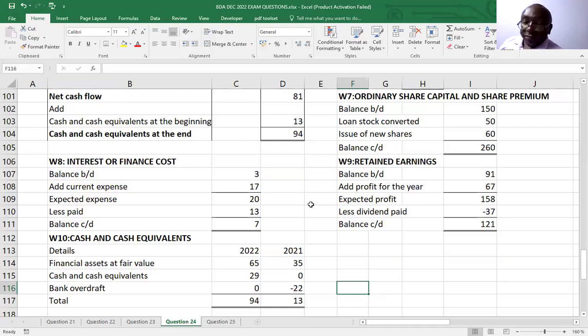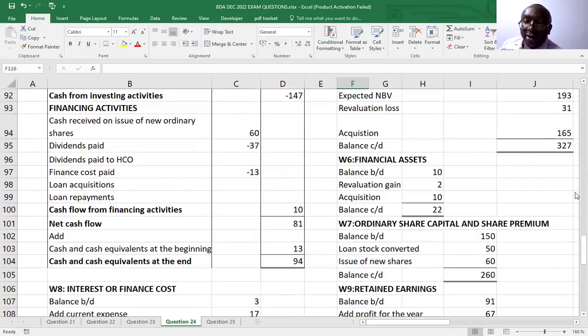Good. Any question? So if we are satisfied, make sure you revise how to do cash flow, so that in case wakulete, you'll be able to find your way out.